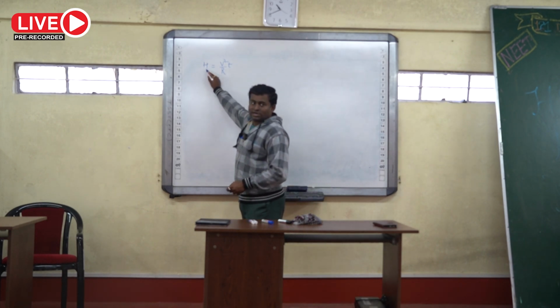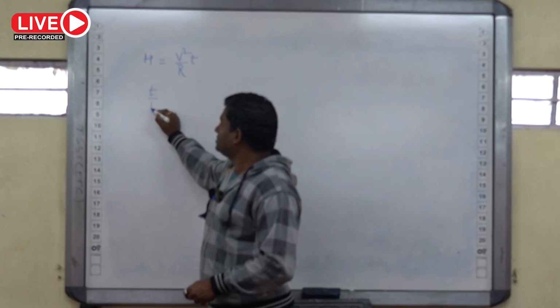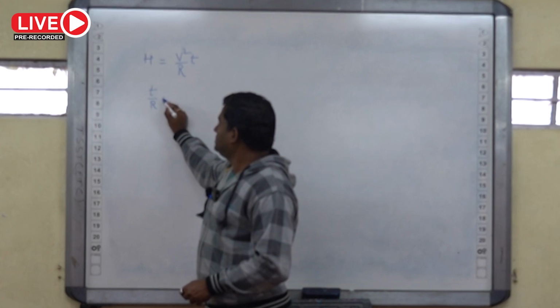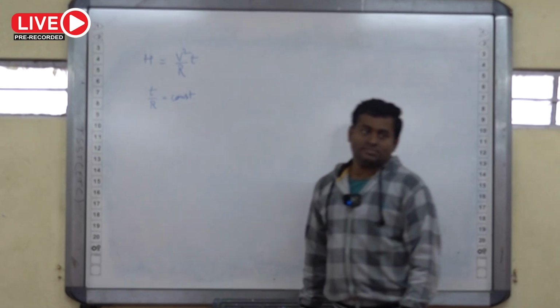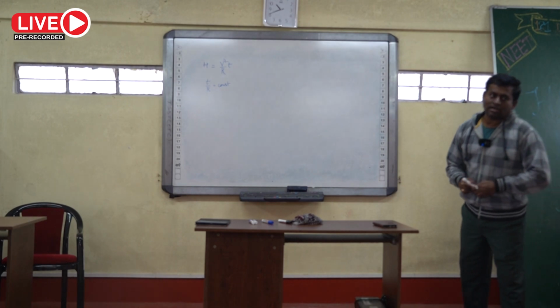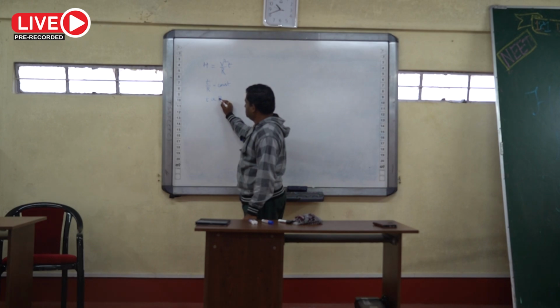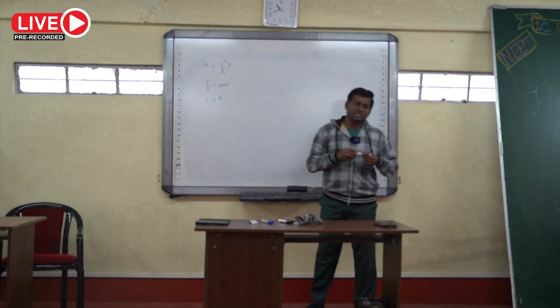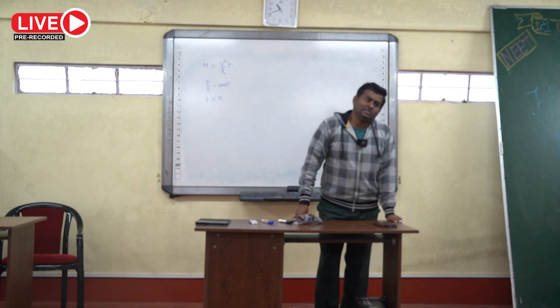Then this H remains constant, V remains constant. So in that case we can write T by R is equal to constant. So T is proportional to R. So as the resistance increases, the time taken for boiling the water will increase.